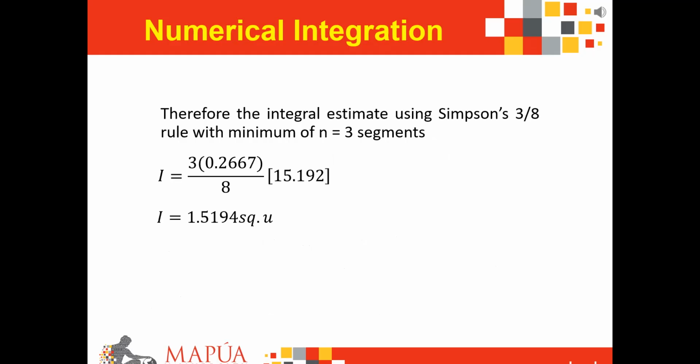Evaluating then our integral value would end up with an integral estimate for 3 segments to be 1.5194. Note that we applied the same number of segments onto your trapezoidal rule, and we ended up with a respective integral estimate value equal to 1.3698.